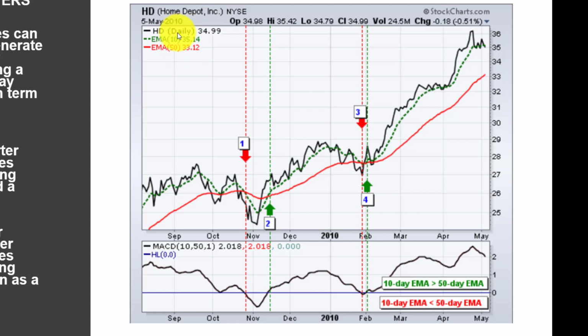Here the shorter moving average is the green one, the longer one's the red one. So when the green one crosses above the red one, that would indicate a golden cross. The first golden cross is at this point here, just below point 2.